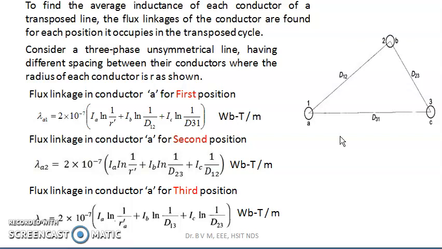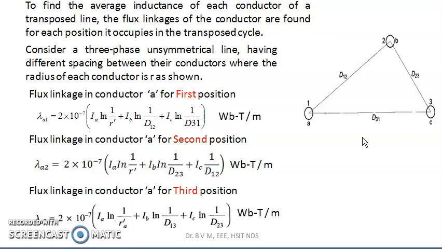If the voltage drop in each phase is different, it results in a difference in receiving end voltage. Even though the currents in all three phases remain balanced, the receiving end voltage of each phase is different, and this will affect the quality of the power supply.